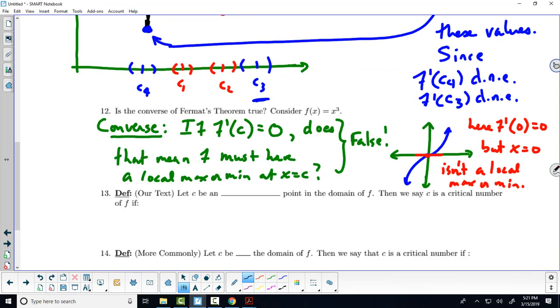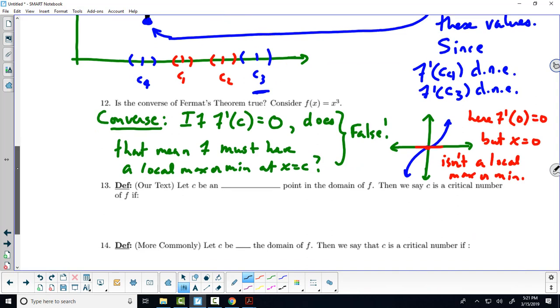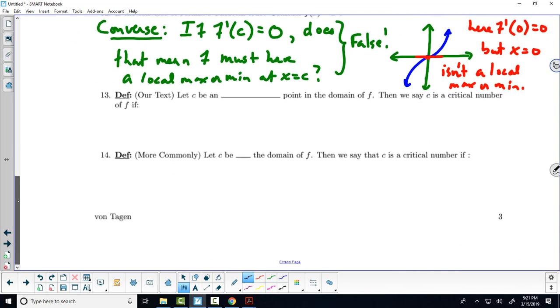Okay, so let's continue. Number 13, we're going to define what we mean by a critical number. Our definition that we're going to be using for this class says let C be some interior point of the domain. Then we say that C is what we're going to call a critical number.